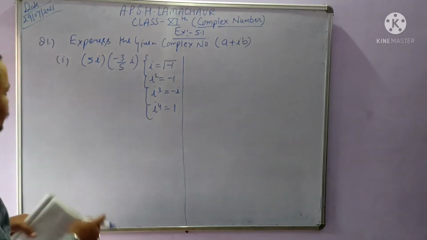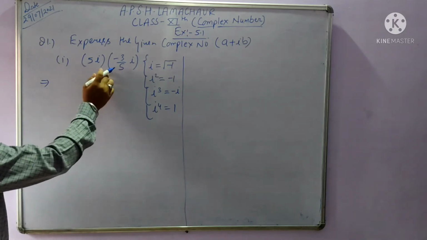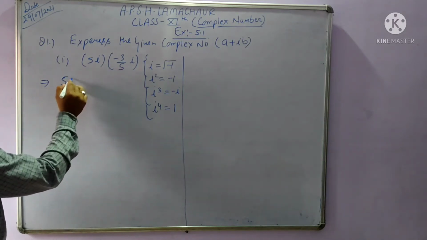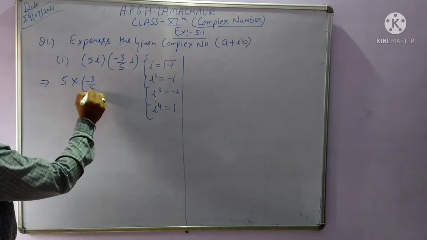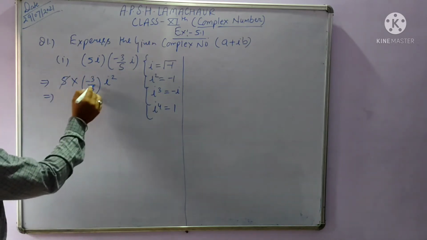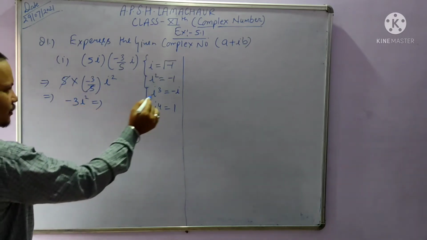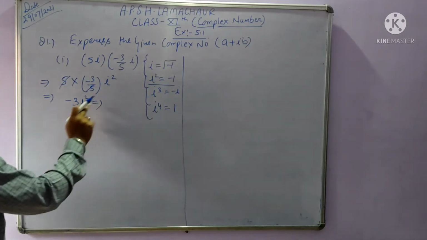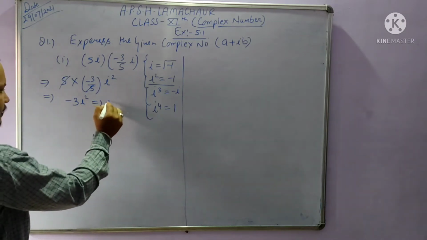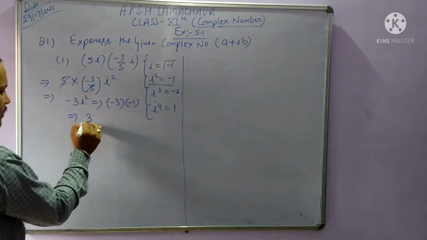Now multiply these two numbers, both of them are complex numbers. On multiplying we get 5 into minus 3 upon 5 times i into i, that is i squared. This 5 and 5 will cancel out and we get minus 3 times i squared. Now see, the value of i squared is minus 1, so on putting it in, we get minus 3 times minus 1, that is plus 3.